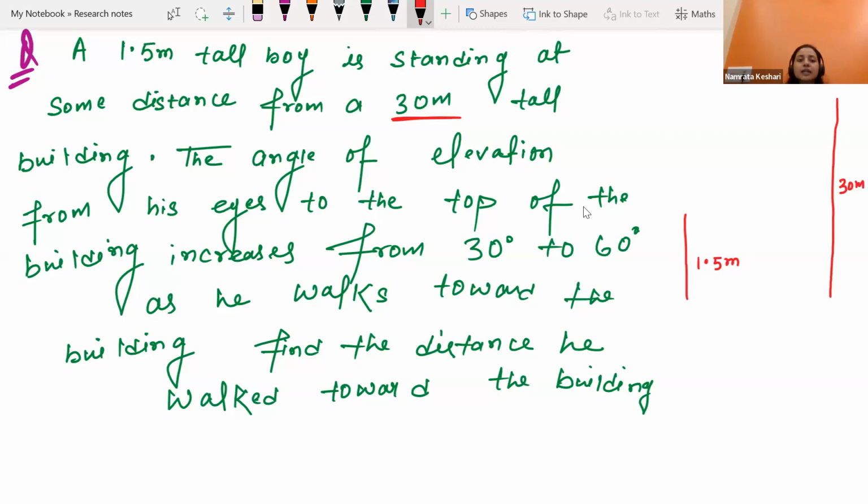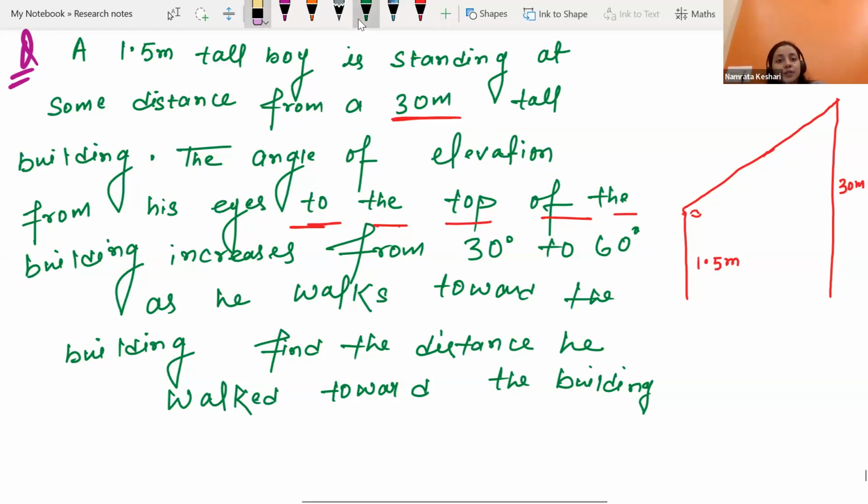The angle of elevation from his eyes. From where angle of elevation? From his eyes to the top of the building, the angle of elevation is this angle. Yes, but with the horizontal. From where will we draw the horizontal?